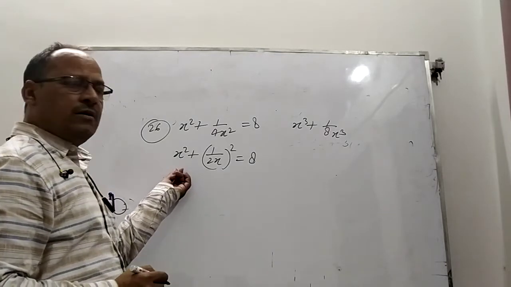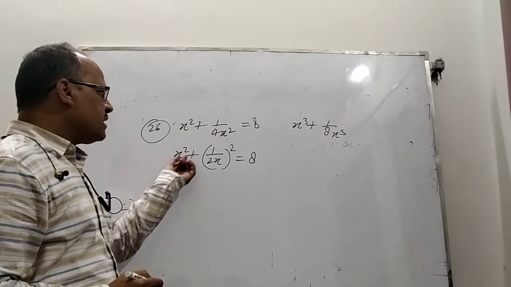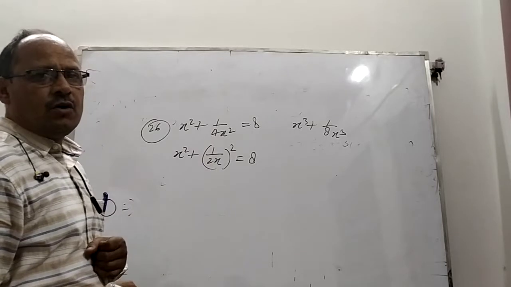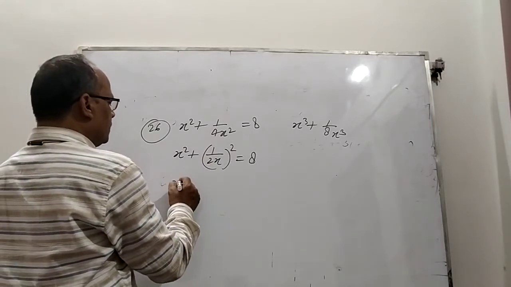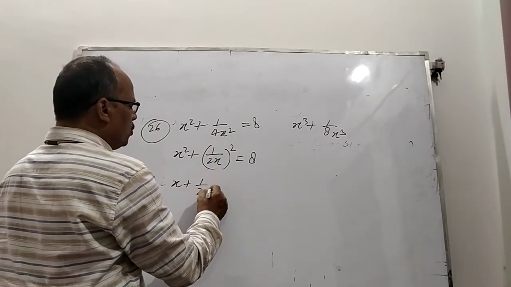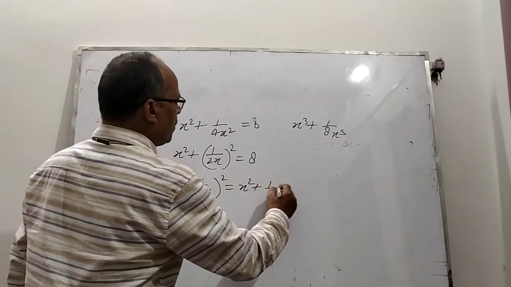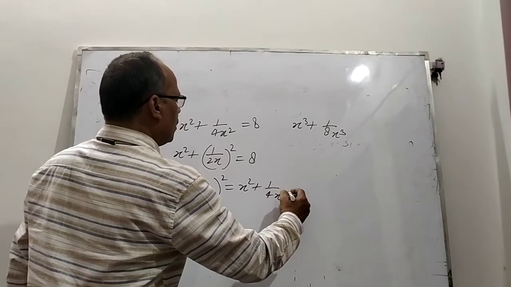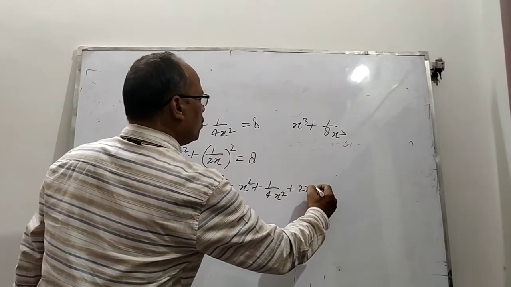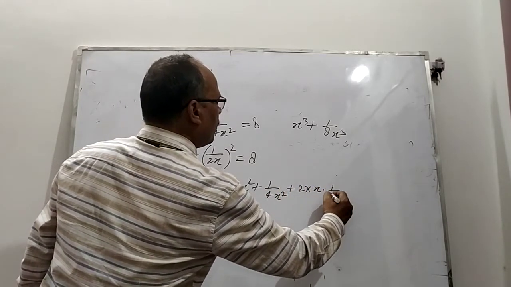Better if we take the perfect square of x plus 1 upon 2x whole square. x square plus 1 upon 4x square plus 2 into x into 1 upon 4x.